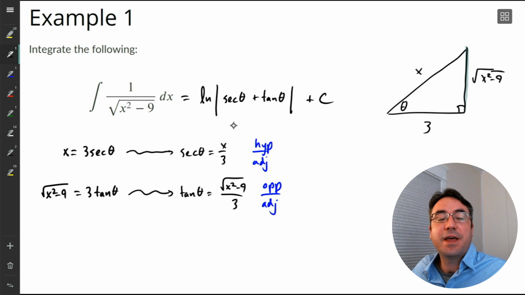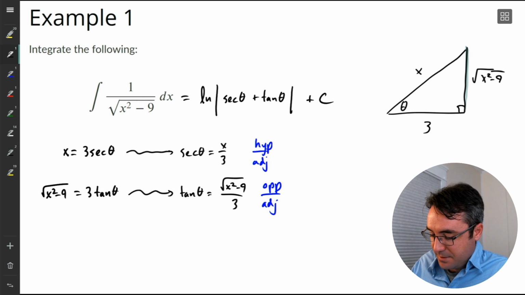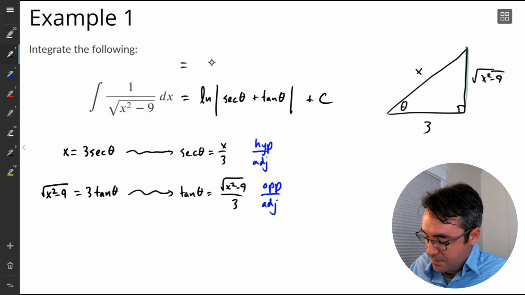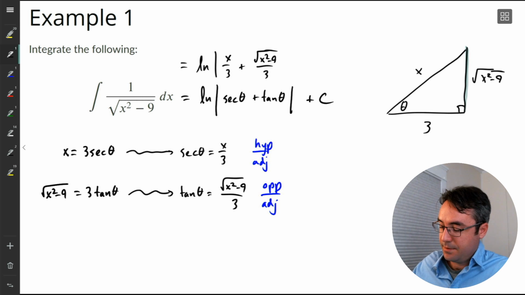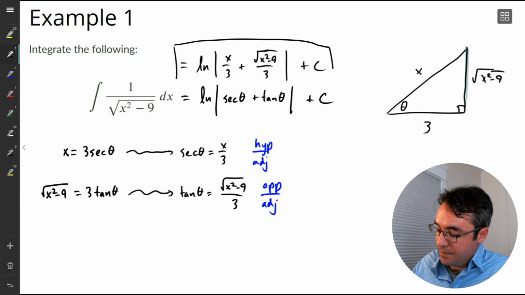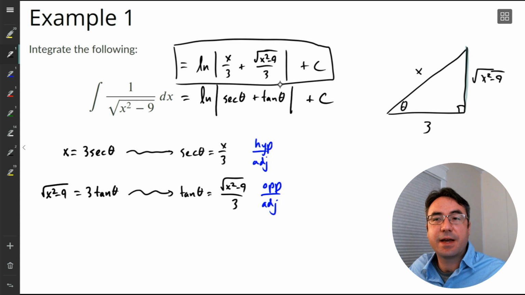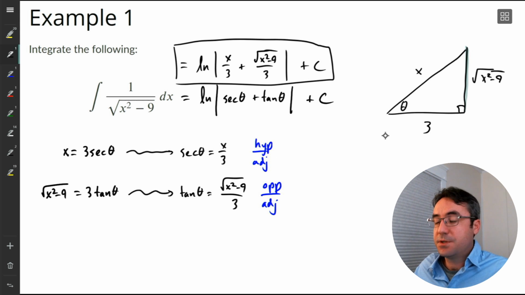So we just plug all that in. So x over 3 is our secant, and tangent is the square root of x squared minus 9, over 3. And there we go. We have our antiderivative. It's all back in terms of x. We're done.